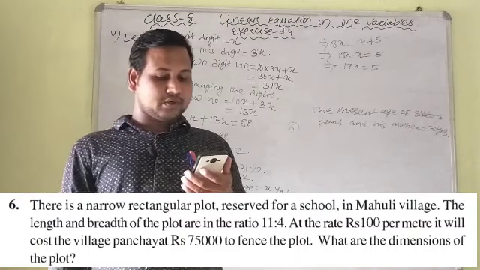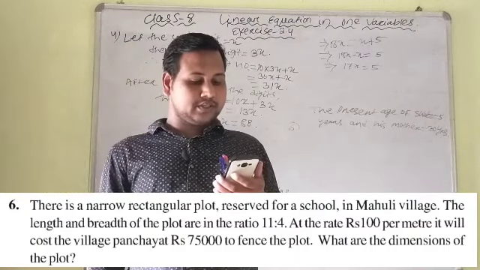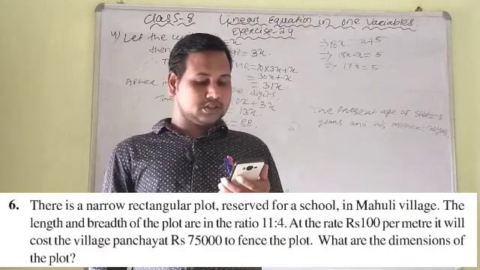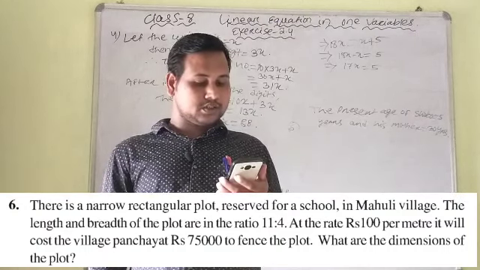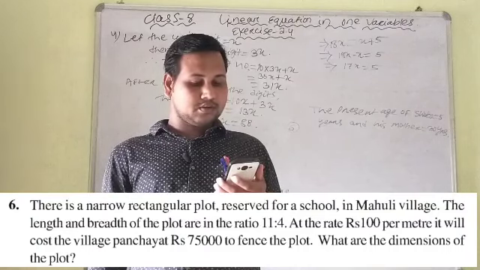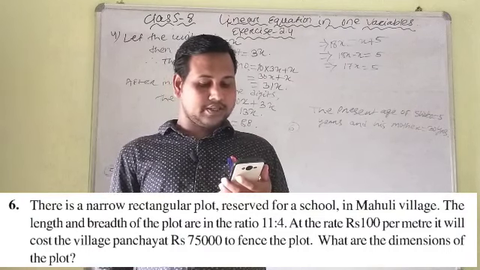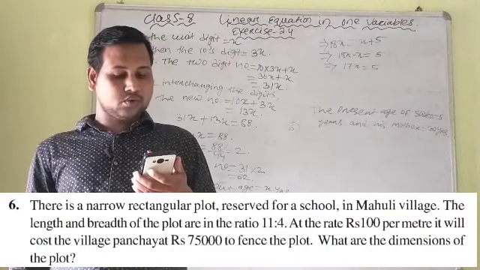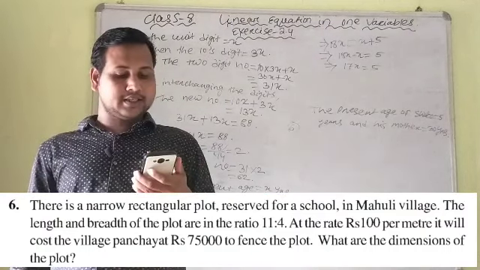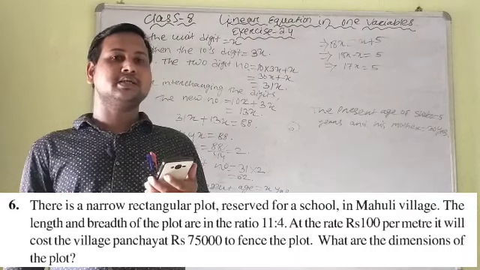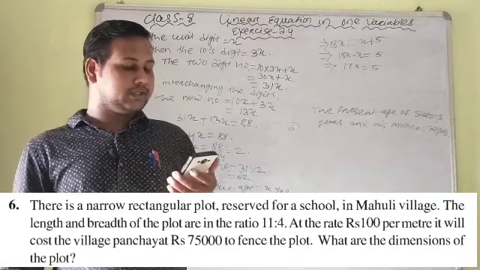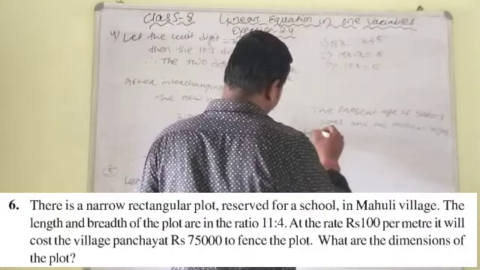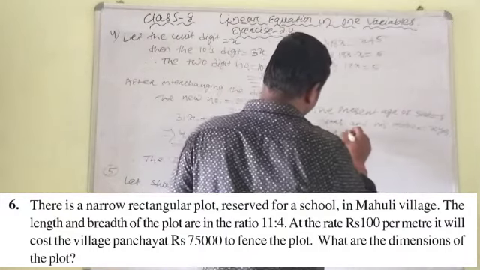At the rate of 100 rupees per meter, it will cost the village panchayat rupees 75,000 to fence the plot. Okay, what are the dimensions of the plot? We will have to take, let length be 11x and breadth be 4x.